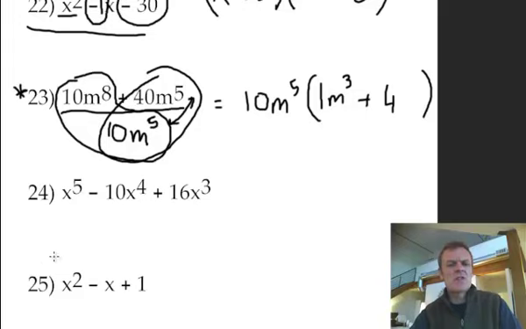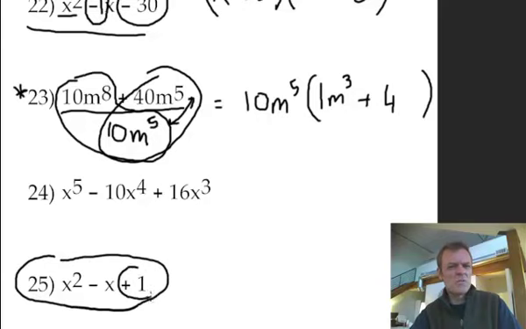Now I'm going to jump down to 25, because of this. Again, what are 2 numbers that make 1 when I multiply, that make negative 1 when I add? Be careful for this one. There aren't any. The only way to get a 1 is a 1 times a 1.